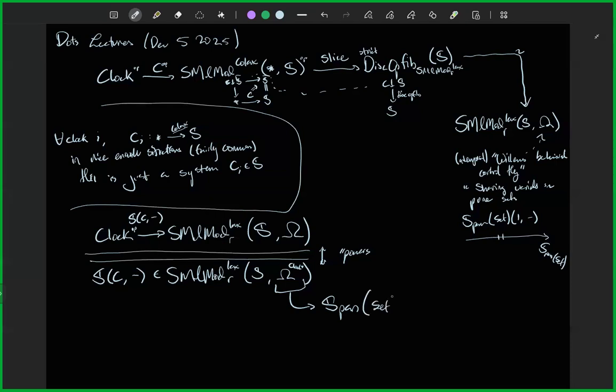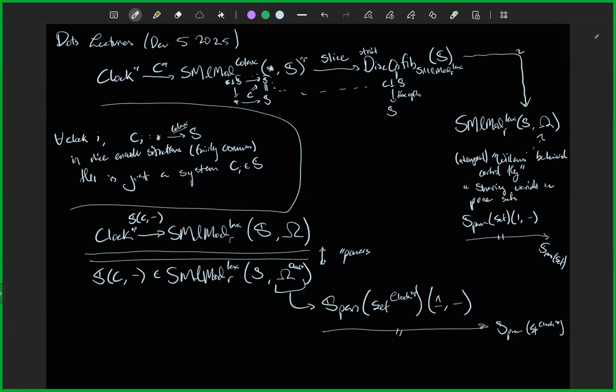set to the C op, or clock op, excuse me, 1 comma dash, acted upon by span set to the clock op. In other words, instead of taking a bunch of lax functors from S into omega indexed by a category clock, we can take a single one landing in presheaves.